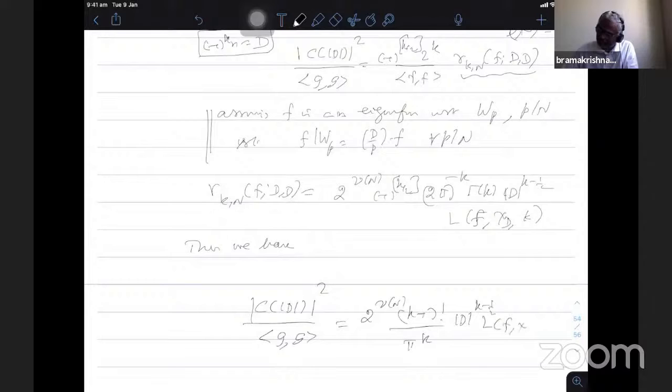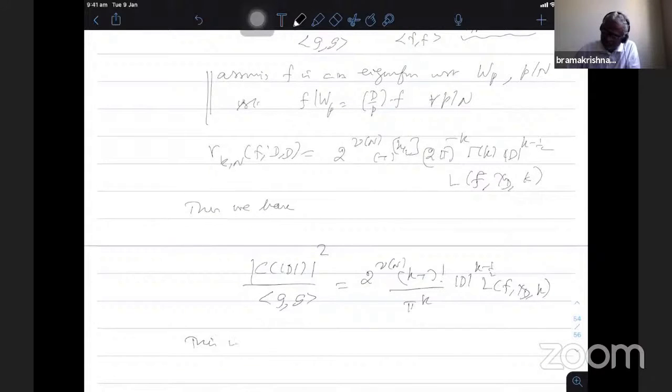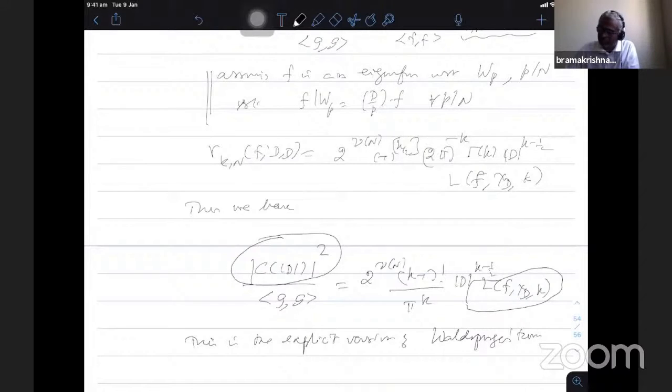L f pi d k. So this is the explicit version of Pauli's theorem.